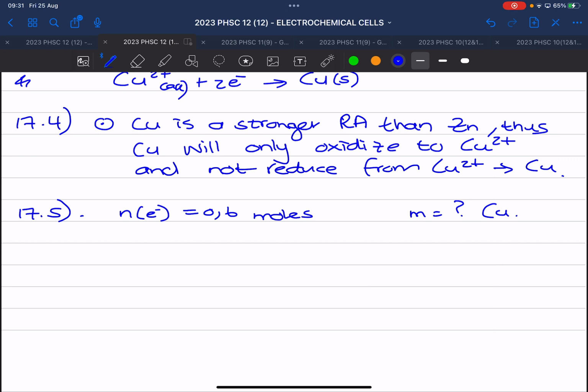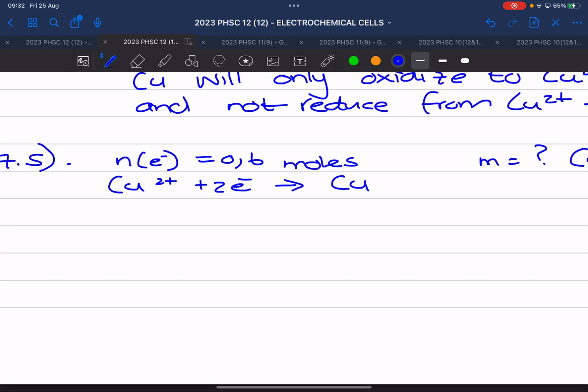Let's look at this copper half reaction. It goes from copper ions, gains 2 electrons, and then forms copper. So we see from here, 2 moles of electrons gives us 1 mole of copper. That's a mole ratio, 2 moles of electrons gives 1 copper.